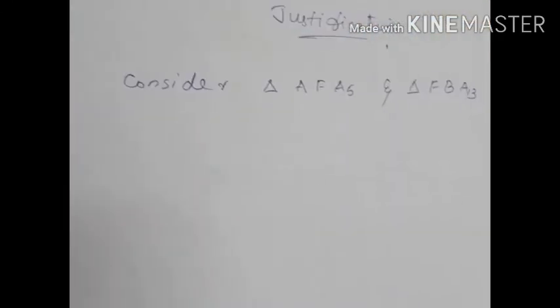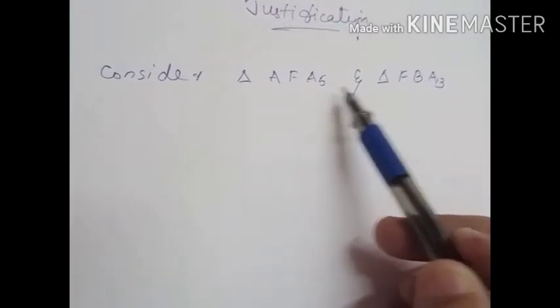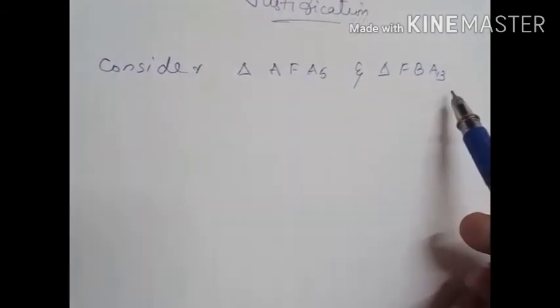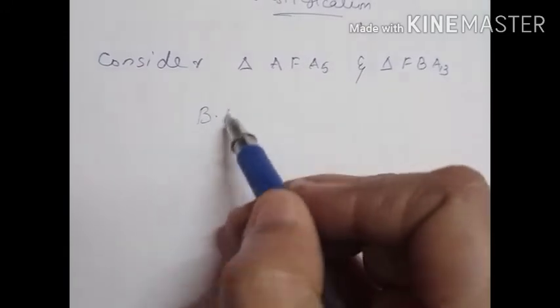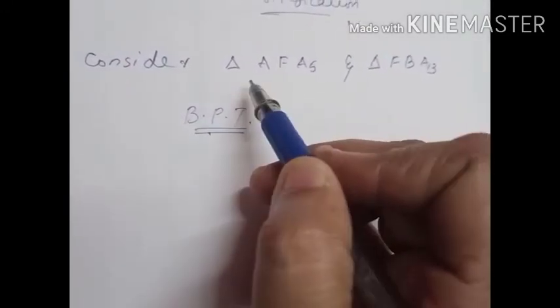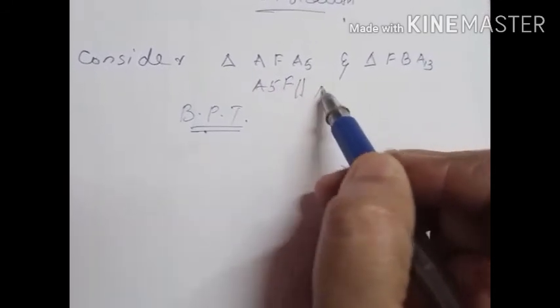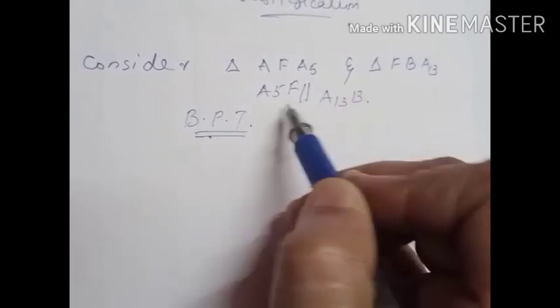Okay. So here we consider two triangles AFA5 and FBA13. Then by BPT what will we get? Before BPT, why do we use BPT? Here we already know that A5F is parallel to A13B. We constructed them like that.